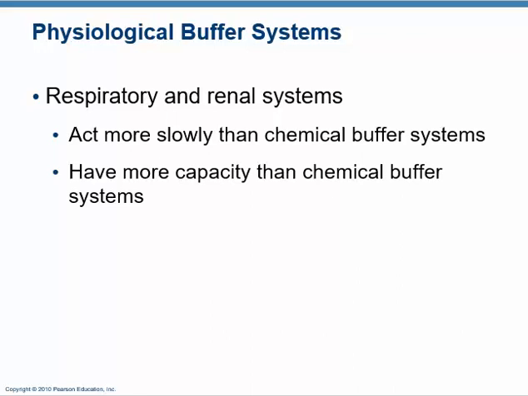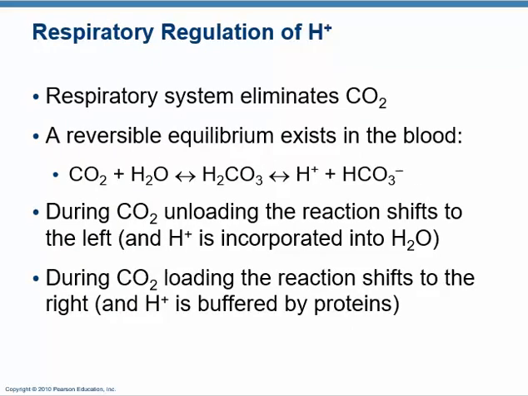Physiologically, we buffer, so we can use respiratory measures. They're a little more slowly, but they have more capacity. So a very important one is the respiratory. Because we ventilate, we eliminate carbon dioxide.